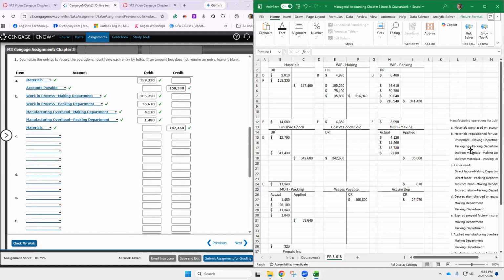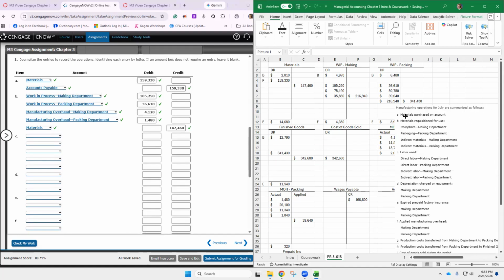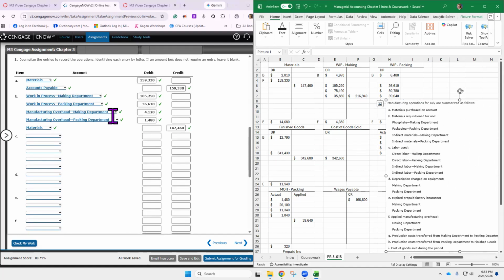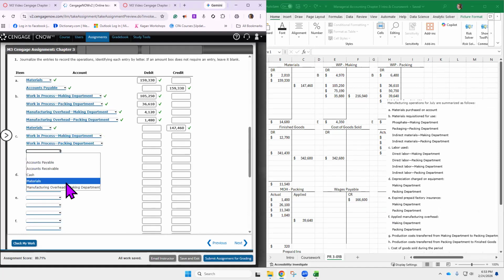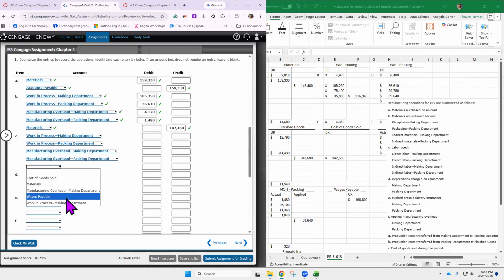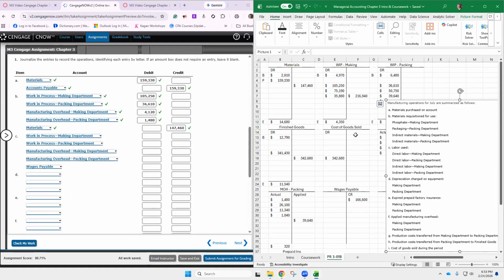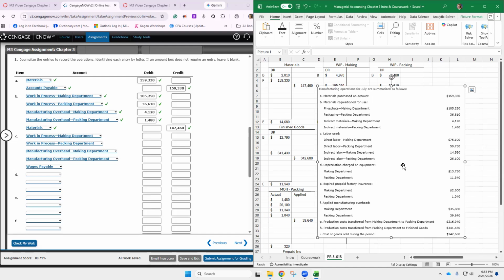The next one then is the labor. Kind of the same idea. Direct labor goes into both work in process and manufacturing overhead, but it comes out of wages payable. So you just need to key in what your problem says.